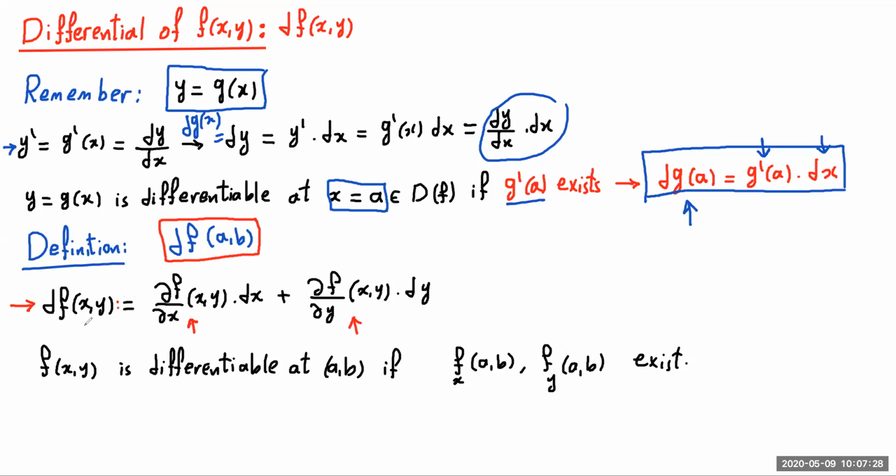For example, let's suppose that (a,b) is a point in the domain. If the partial derivative of f with respect to x at (a,b) exists, and also the partial derivative of f with respect to y at (a,b) exists, then the differential of f at (a,b) exists and equals this term. So the function f is differentiable at (a,b) if these 2 real numbers exist.